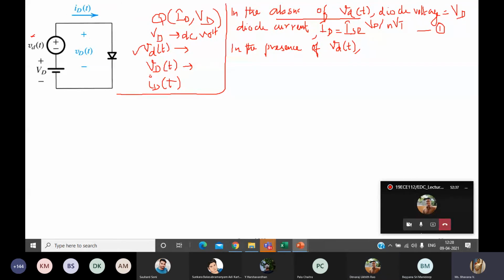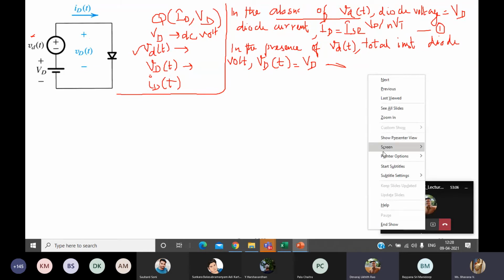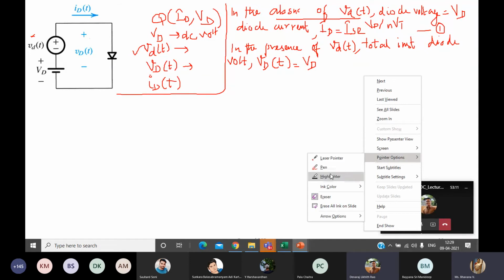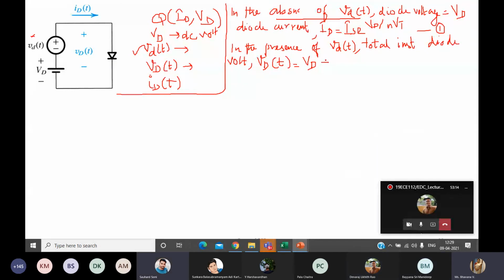So take down, in the presence of small vd of t, the total instantaneous diode voltage, that is small v suffix capital D of t, will be equal to capital VD plus small vd of t.